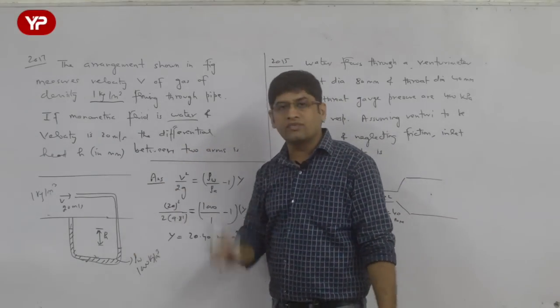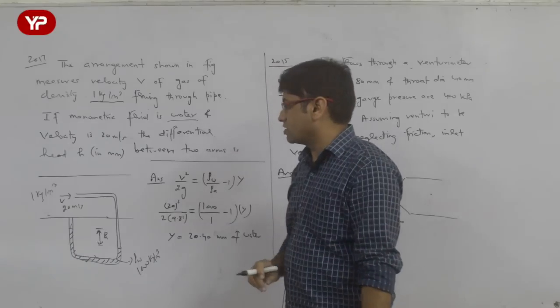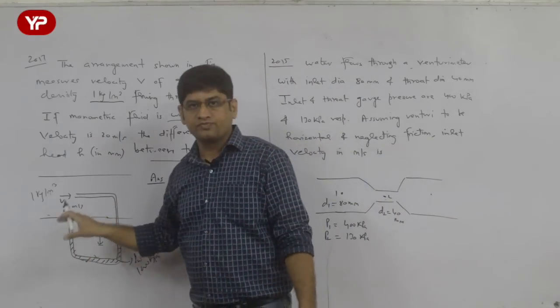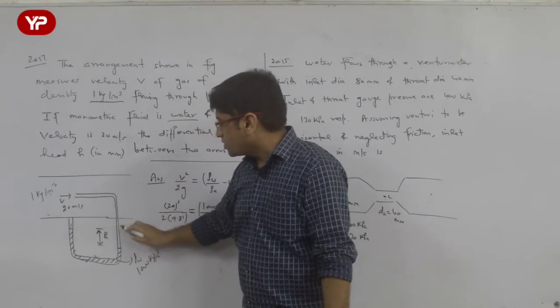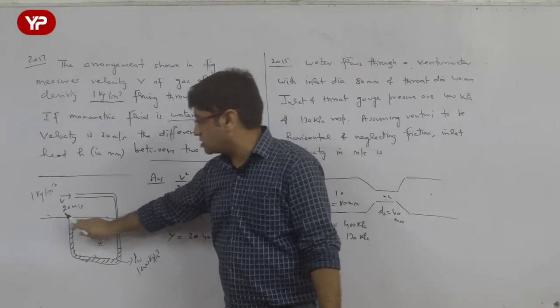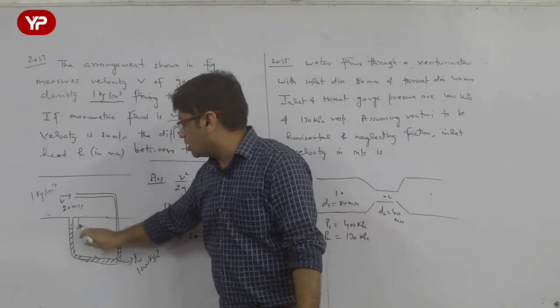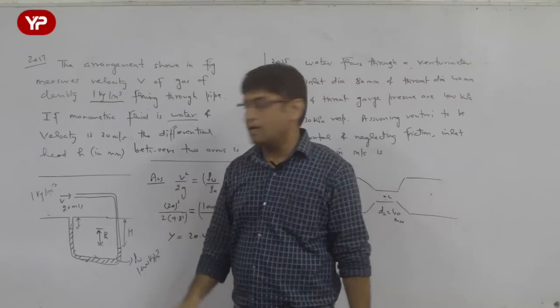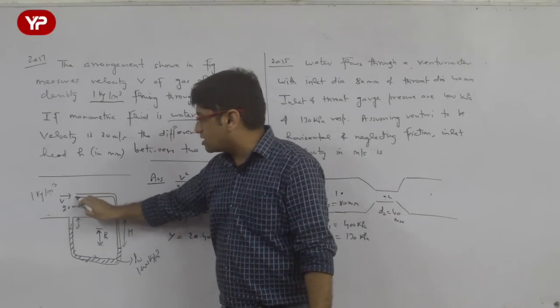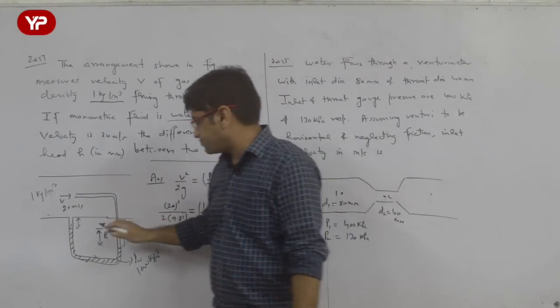Now what is the limb difference, that we have to find out. What is the limb difference? This is nothing but a pitot tube, and this side pressure is more because it is the stagnation head, and this side pressure is less because this is the static head. So if you see carefully, then this particular capital H is the stagnation head, because that includes the kinetic energy also and pressure energy also.